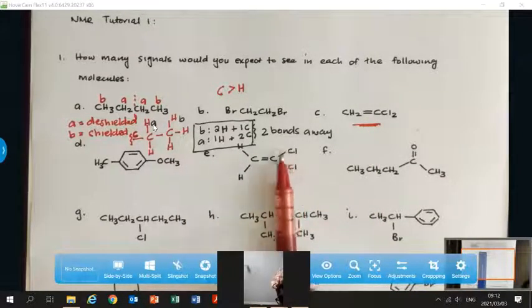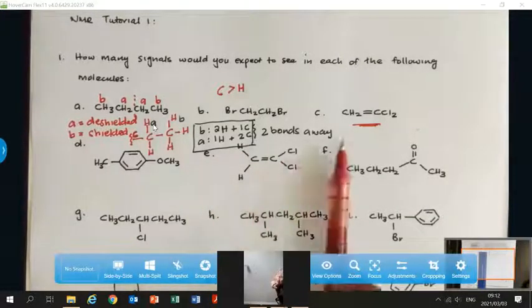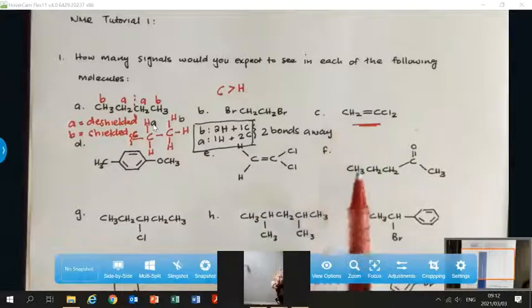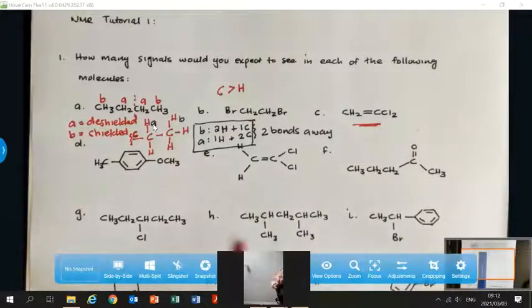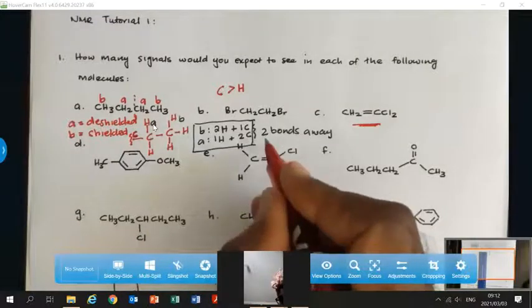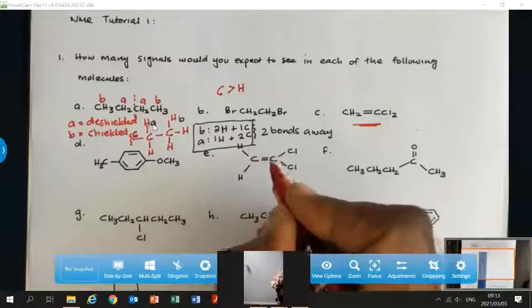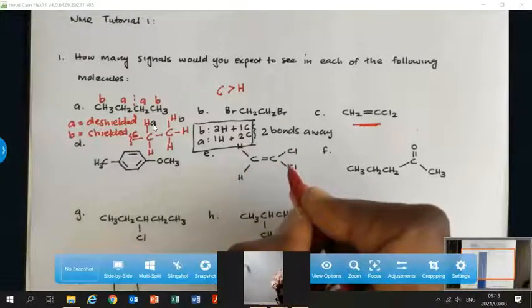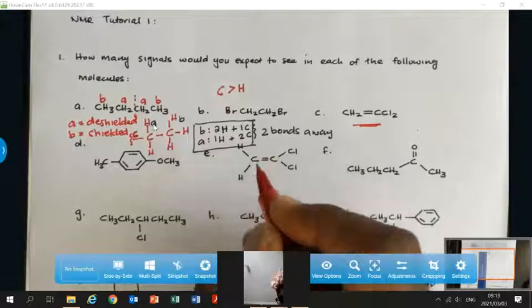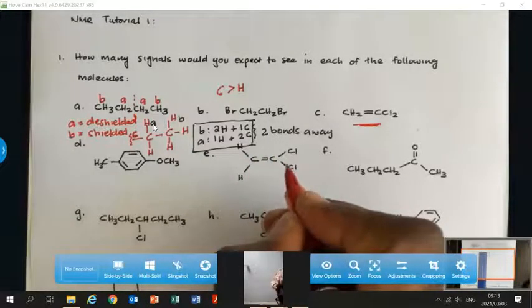So here I've actually shown you the structure with the atoms all drawn in, but here I just put it into a short condensed form, right? Now, if I look at this, there's no symmetry down here, because if I fold this in half, these CH2s are different from the chlorines. So I can't fold this. Symmetry means if I fold it in half, one half should be identical to the other, right?